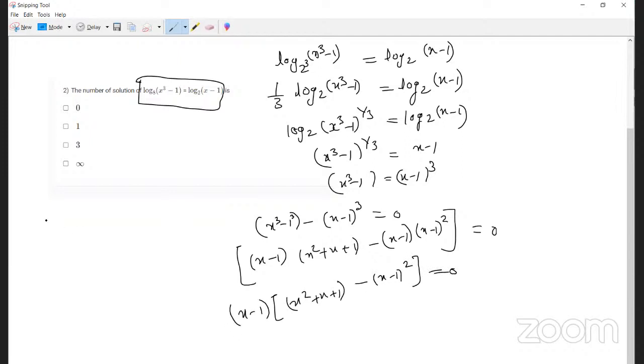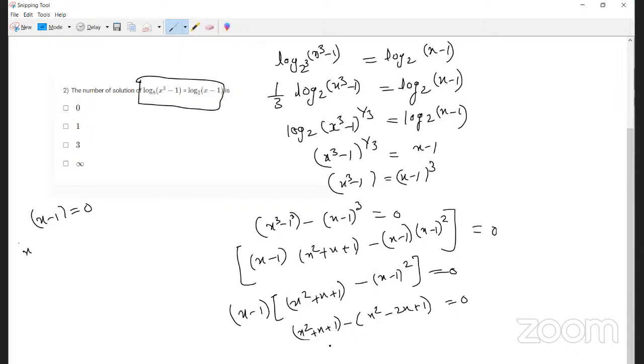Here I can equate x minus 1 equals 0, or this bracket equals 0, right? Yes, sir. So when I expand this: x square plus x plus 1 minus x square minus 2x plus 1, equals 0.